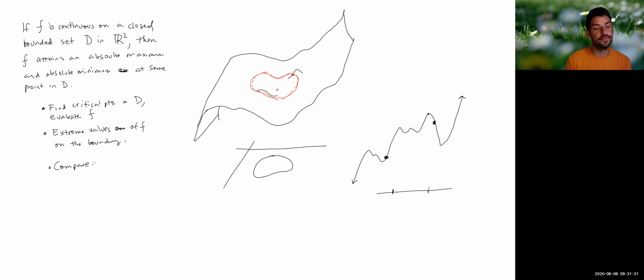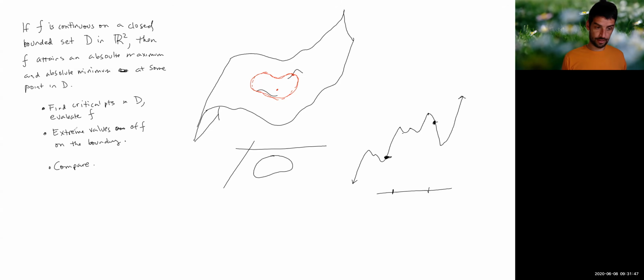Compare, right? That's what we do. Just like the method on a closed interval is, you find all the critical values and evaluate the function. You evaluate it on the endpoints, and then you compare, okay?